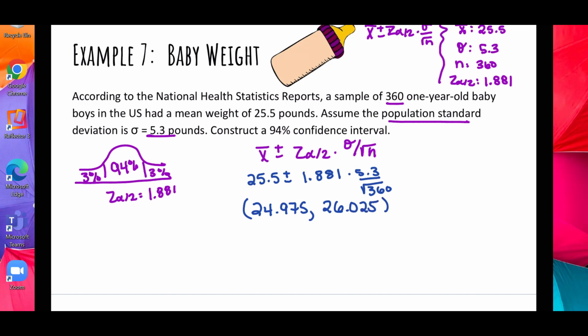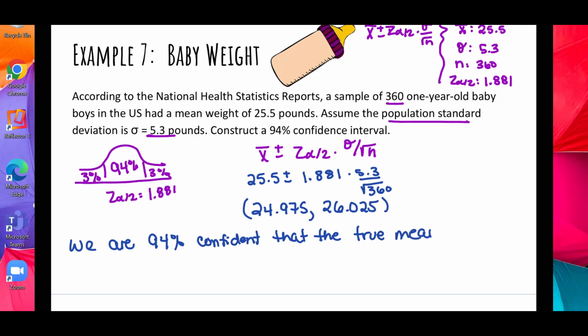So writing our sentence, we would say we are 94% confident that the true mean, or true population mean, and then again you have to put it in context. So what were we estimating? We were estimating the mean weight of 1-year-old baby boys.